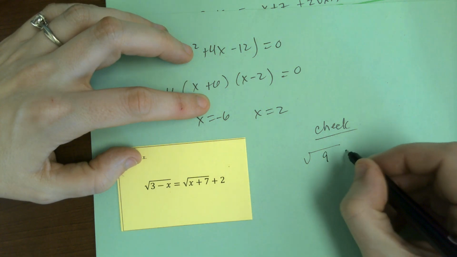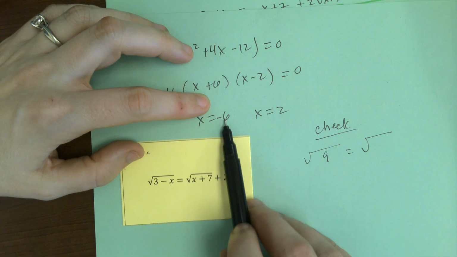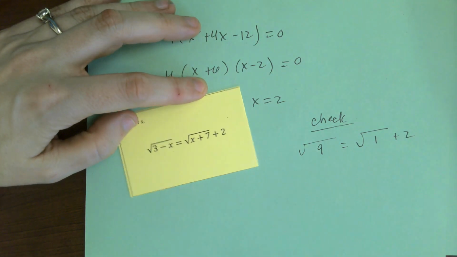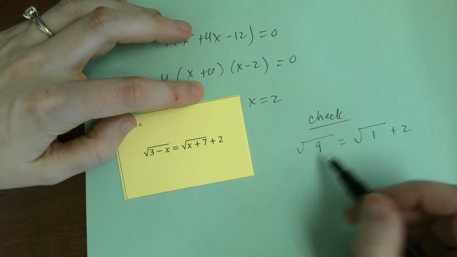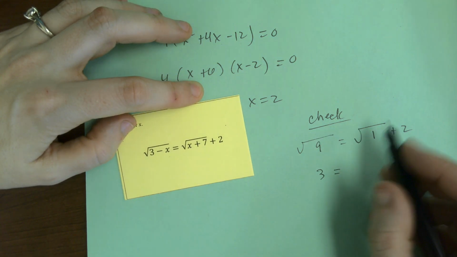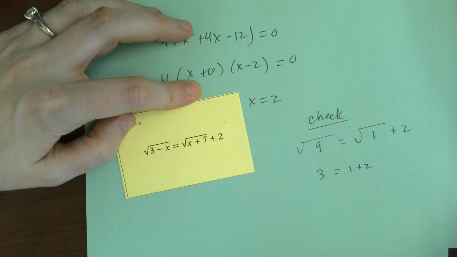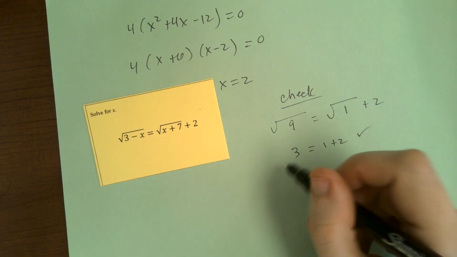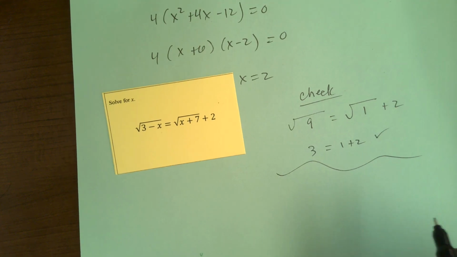So that's the square root of 9. I put negative 6 in there, so I'm getting the square root of 1 plus 2. The square root of 9 is 3. Square root of 1 is 1. Okay, I'm getting it. All right. 3 equals 1 plus 2. Works. All right, check.